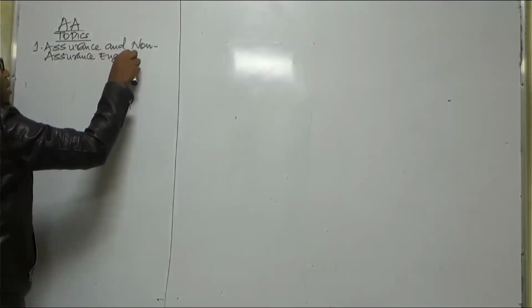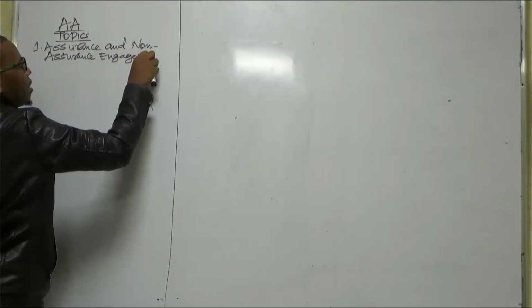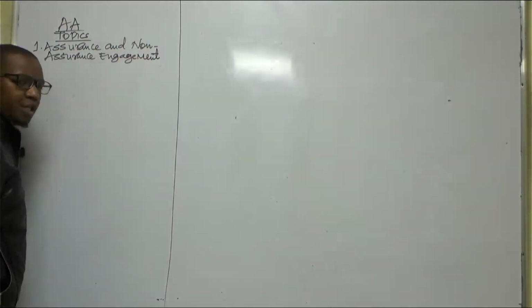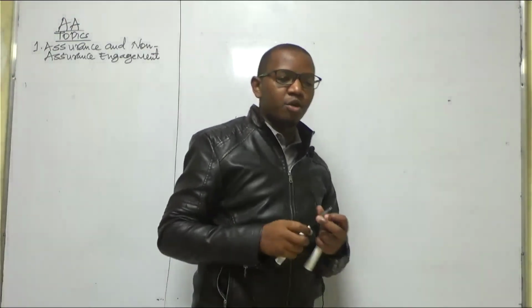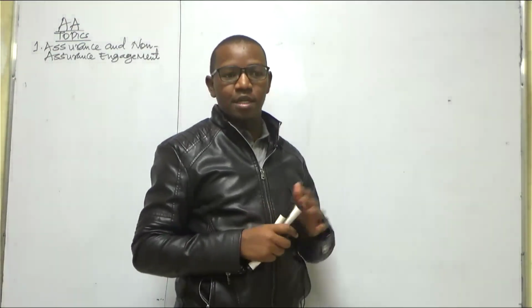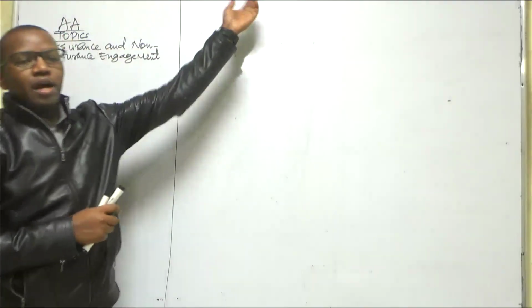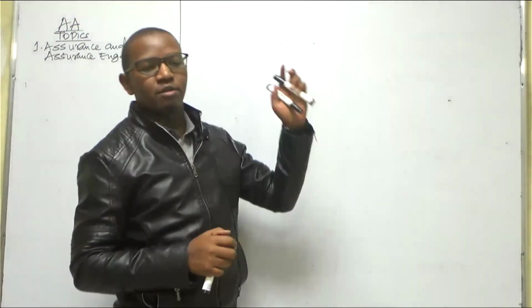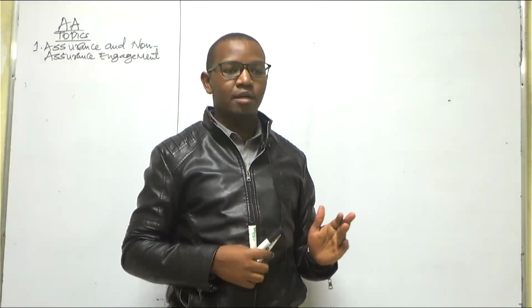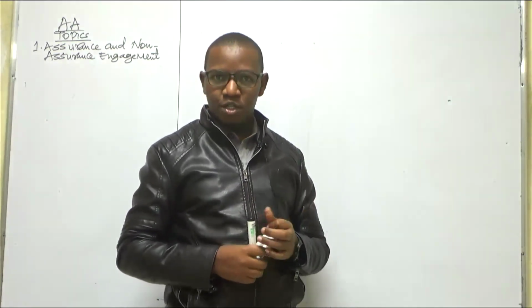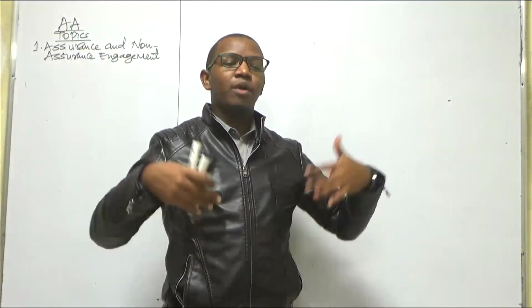Now, assurance is the backbone of what we call auditing. When you are doing auditing, you are providing what we call an assurance. Basically, assurance is where a practitioner is engaged to review a given subject matter against a suitable criteria to give a level of assurance. It's just like the way we do auditing.